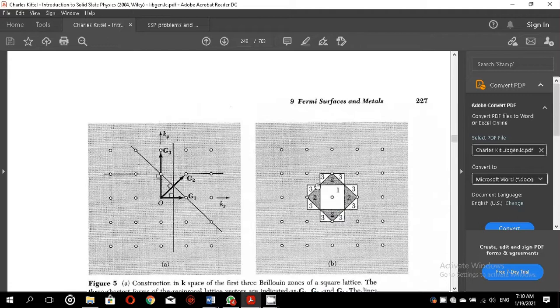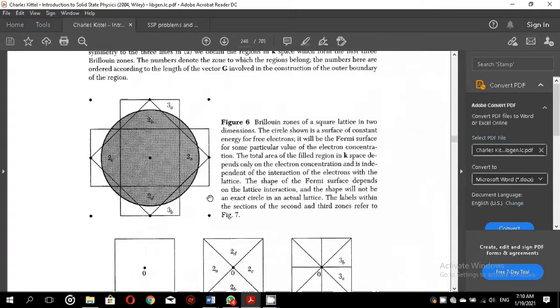So these are the parts of the third Brillouin zone as shown here, and they will also be reduced into the first zone, and this is what we have done here. So if you have a Fermi sphere, you know that for the free electron model the Fermi surface is in the form of a sphere.